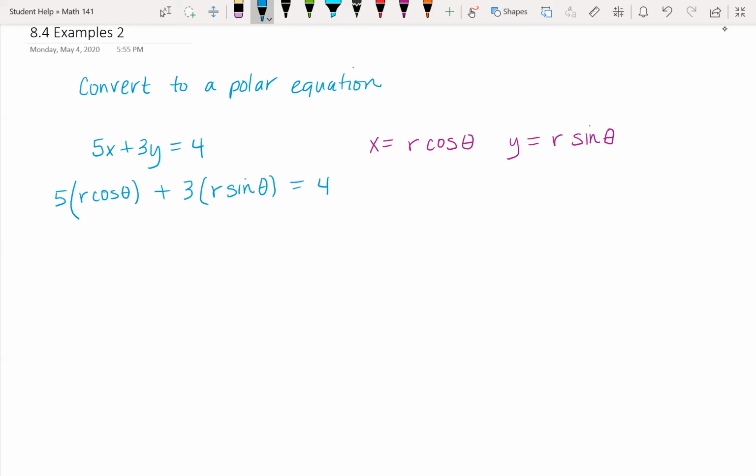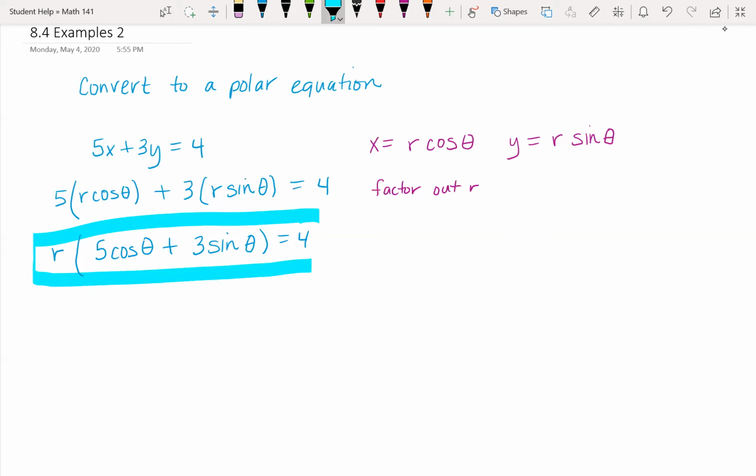And then what I'm going to do is factor out an r from both of these out to the front. So we'll have r on the outside, and then we'll have 5 times the cosine of theta plus 3 times the sine of theta equals 4. And that is our polar equation.